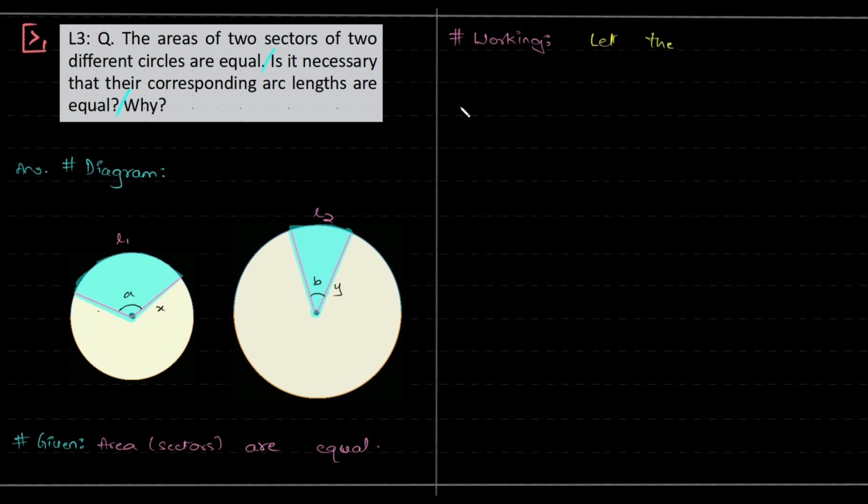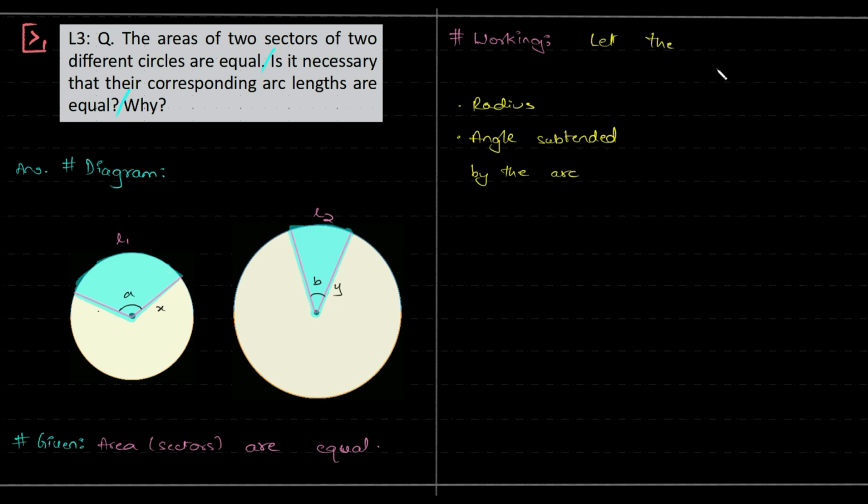So let the radius and the angle subtended by the arcs be the following for circle 1 and circle 2.